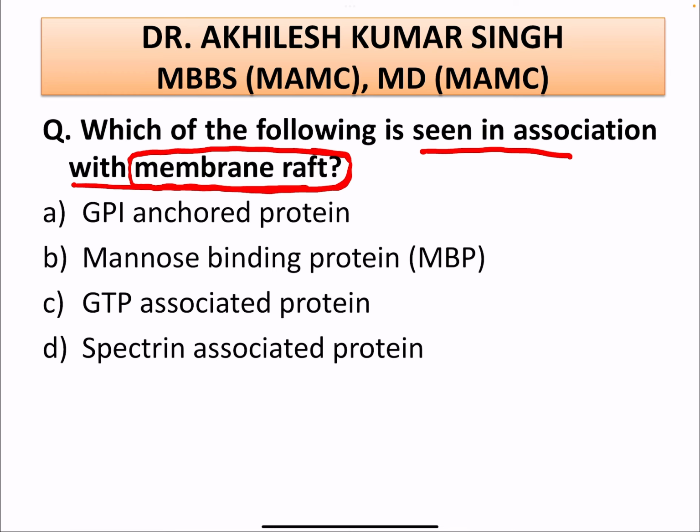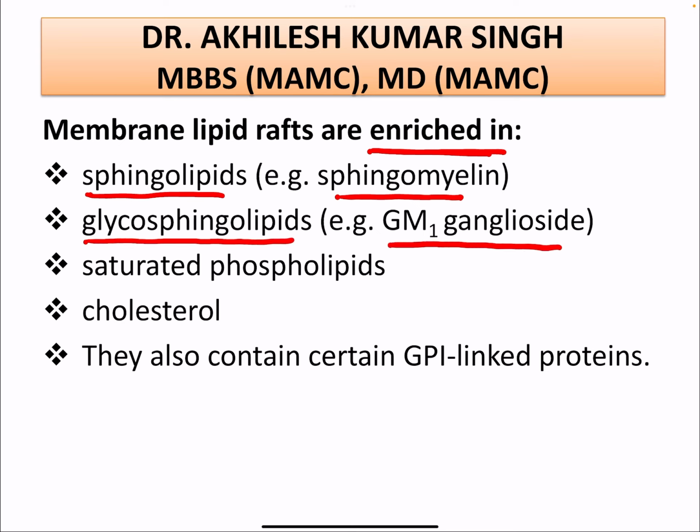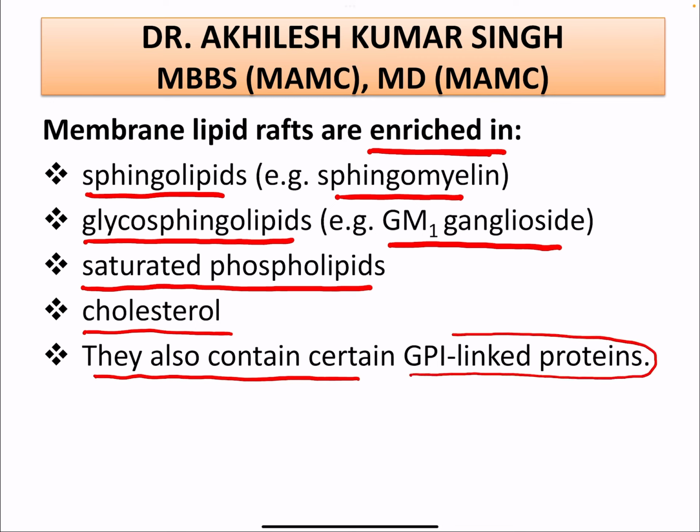Membrane raft is that area of the cell membrane which is enriched in sphingolipids, for example sphingomyelin; glycosphingolipids, for example GM gangliosides; saturated phospholipids; cholesterol; and certain GPI-linked proteins. So membrane lipid rafts are enriched in these 5 components.